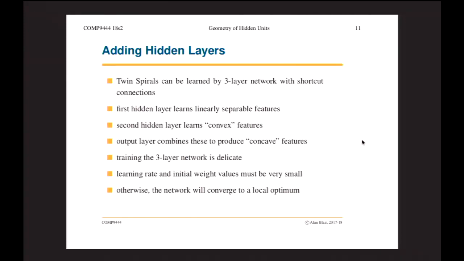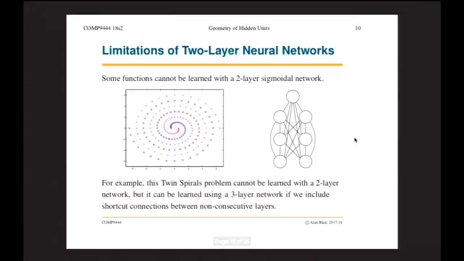So what happens when you train this? If you train this and then try to analyze what's going on, the first layer learns linearly separable features of the inputs. And then the second layer learns convex features. So for the first layer neurons, you've got a line with the positive values on one side and the negative on the other.